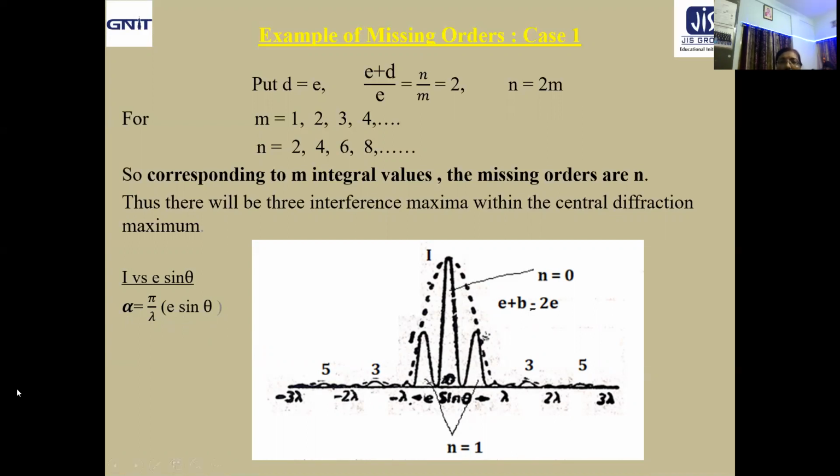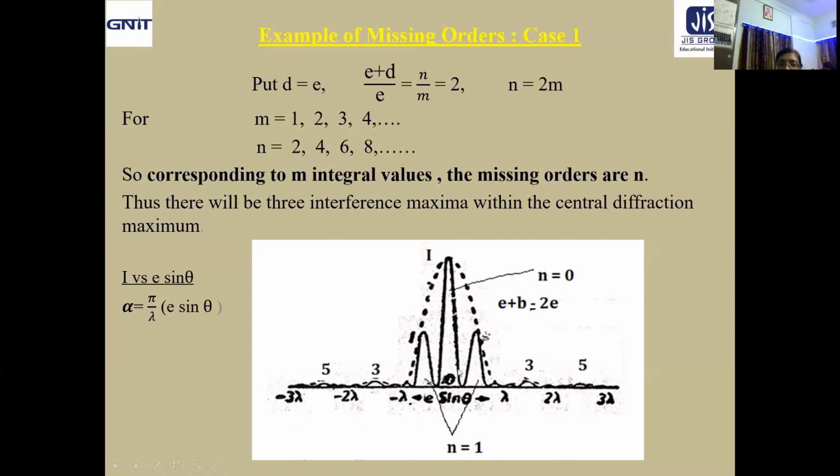Okay. Now, under the situation that D equal to E, with first order minima, which order maxima will superpose? Second order. That means in the region of the central single slit diffraction maxima, you have to accommodate the corresponding interference maxima. What about that? n equal to 0, n equal to plus minus 1 on both sides.